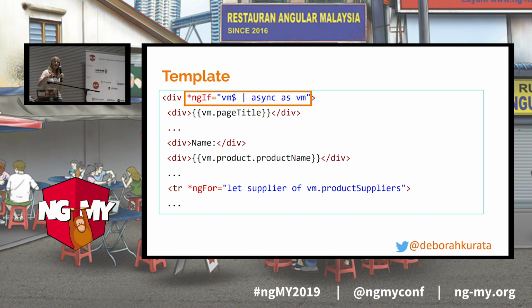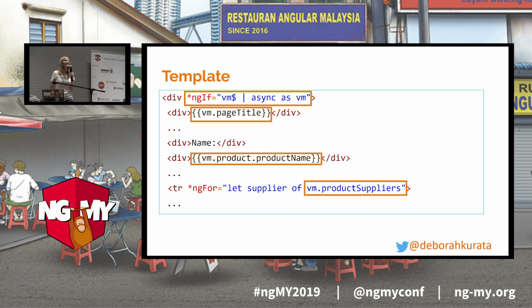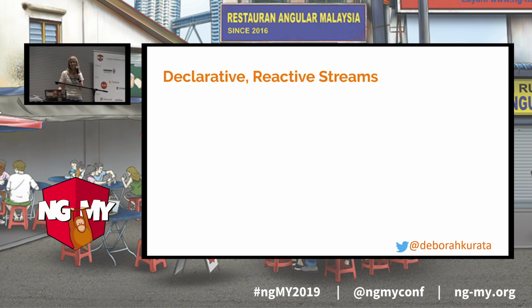So we're emitting into the vm variable, then because we mapped it to an object, we can get at everything else using the simple dot syntax: vm.pageTitle, vm.product, vm.productSuppliers. So one async pipe, simple binding in our template, zero subscribes in our code, zero unsubscribes in our code.